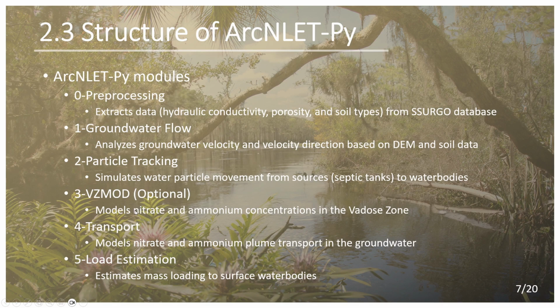Then the VirMod module is used to model nitrate and ammonium reactive transport in the vadose zone from drain field to groundwater, and the transport module is used to model nitrate and ammonium reactive transport in groundwater. The last module is the load estimation module, and it is used to estimate mass loading to surface water bodies.